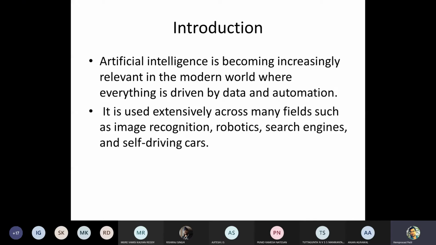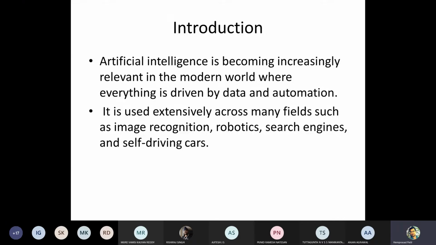A lot of data is being generated as well as transmitted. And there is a world of automation where many things need to be automated because of lack of manpower to handle that enormous amount of data. It is used extensively across many fields such as image recognition, robotics, search engines, and self-driving cars.